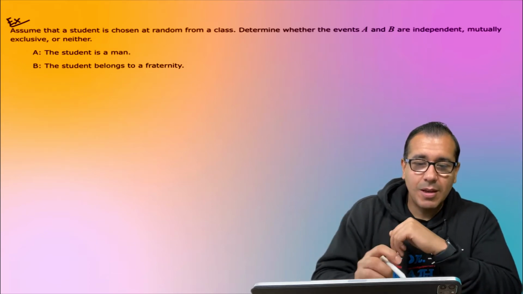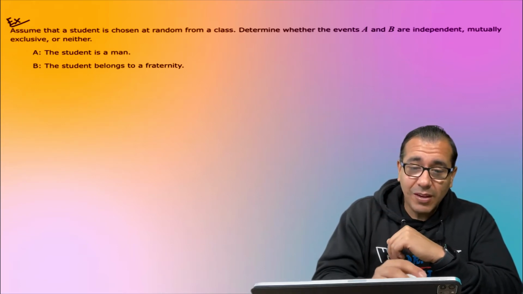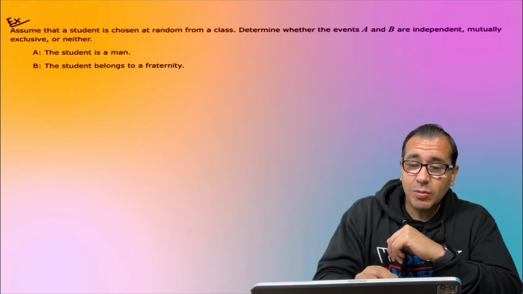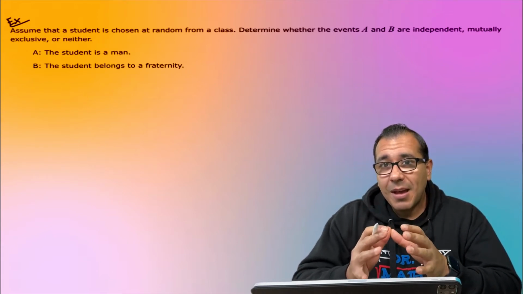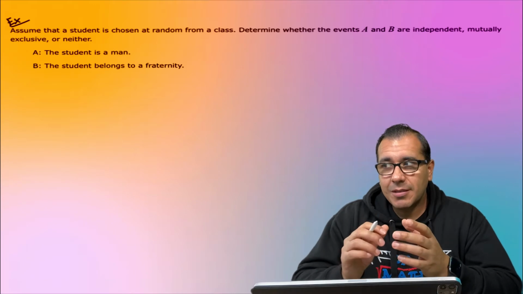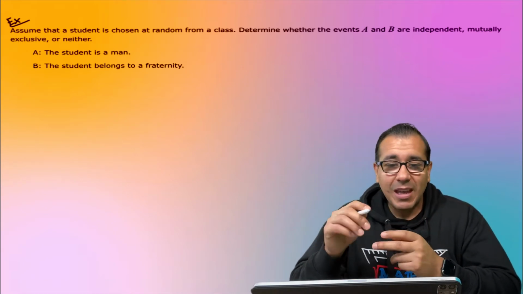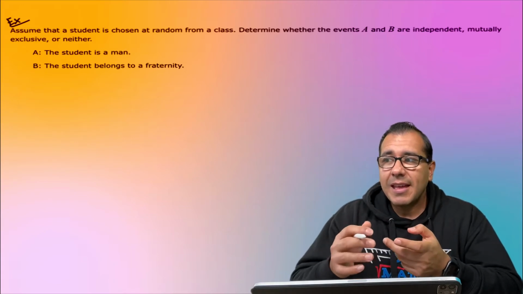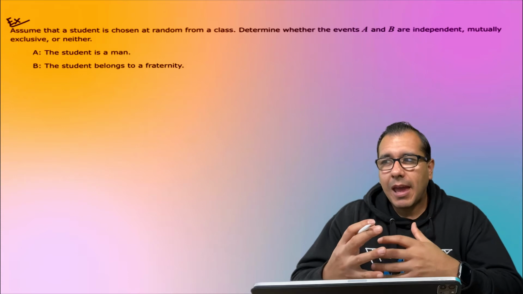Here's a question. Event A, the student is a man. Event B, the student belongs to a fraternity. We know these are not mutually exclusive events because you can be a man and in a fraternity. If you don't know what a fraternity is, it's usually a group of men that have something in common.